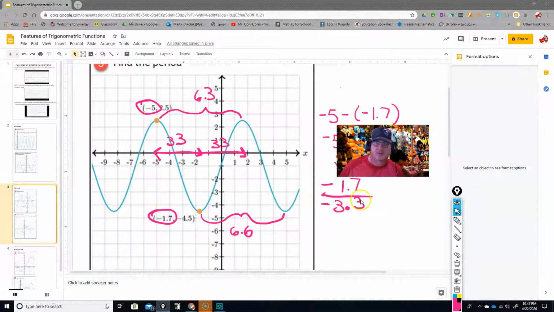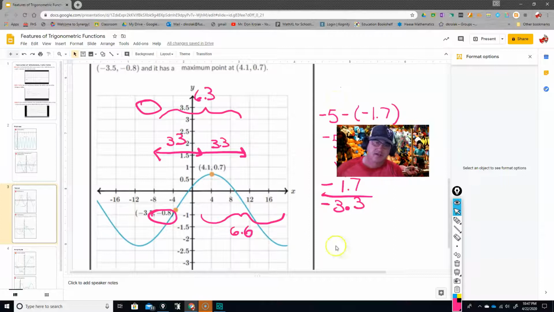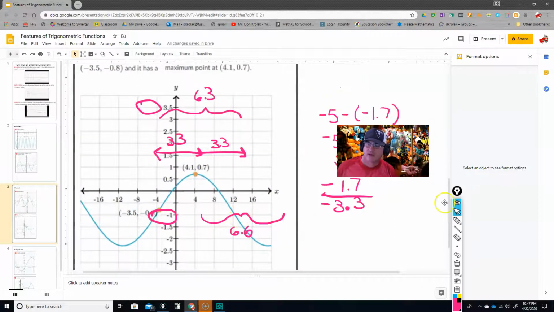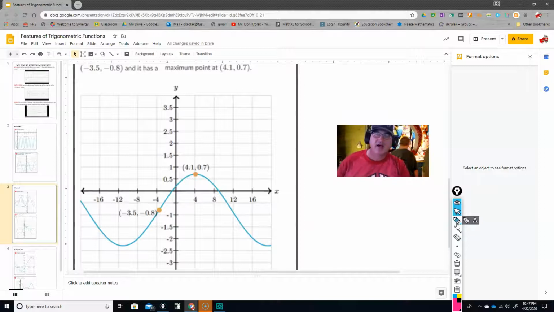And now our last problem. Okay, we want to find the period, but we know a point on the midline and a high point. In the previous one, we knew a high and a low.